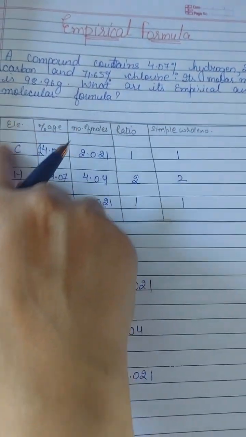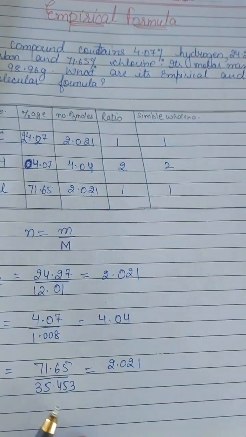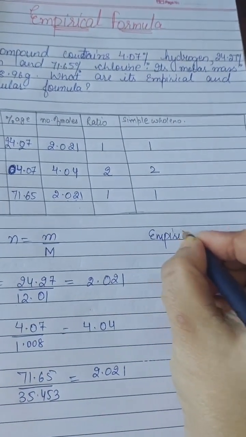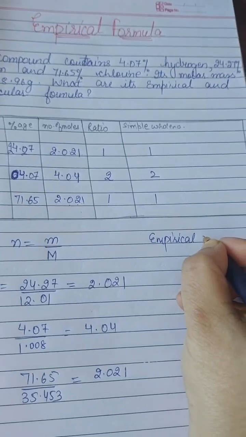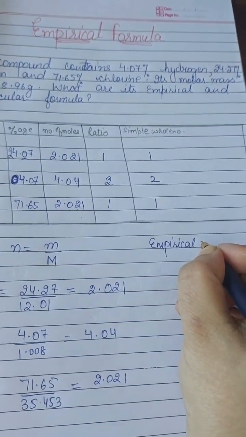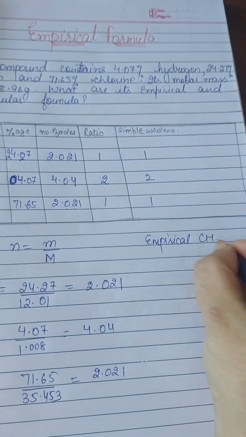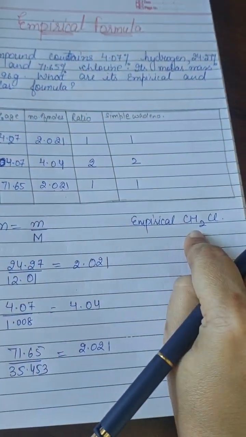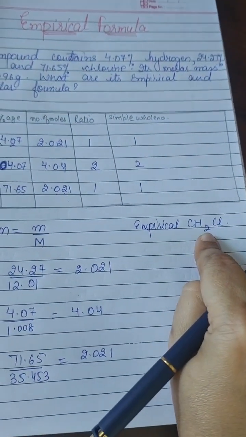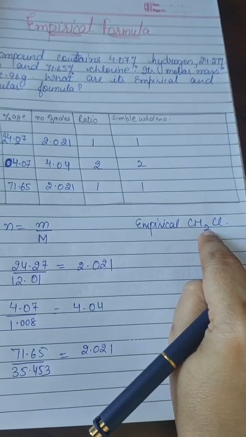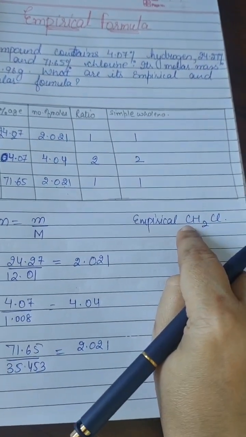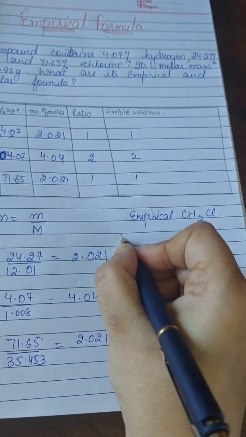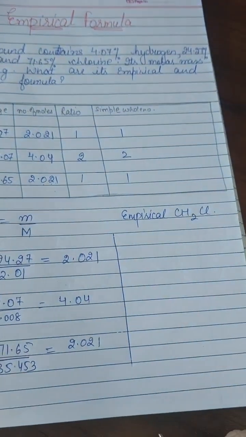So according to this calculation, our empirical formula is CH2Cl. That means the number of hydrogen atoms will always be double the number of carbon atoms and the chlorine atoms.